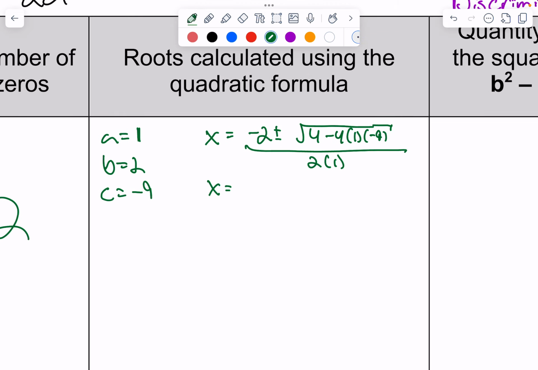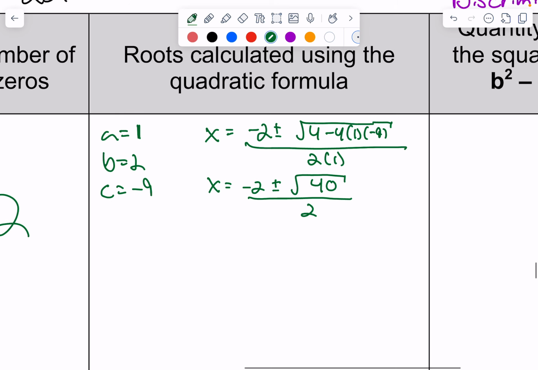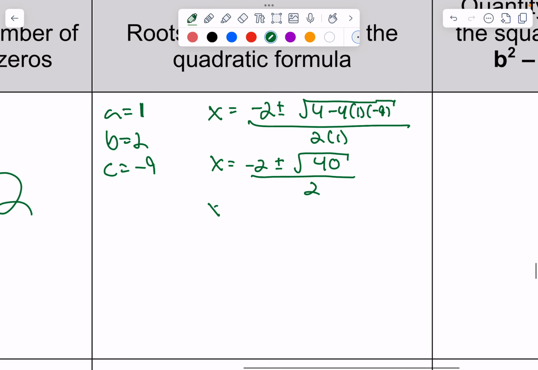So x equals minus 2 plus or minus, well, under the square root we have 4 minus 4 times 1 times -9, so that would be 4 plus 36, or the square root of 40. Didn't really need that big of a square root then. And then divide that by 2. So square root 40 is not a perfect square, so you are going to get a decimal. So take out your calculator.